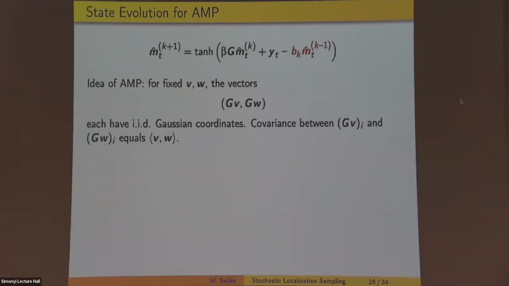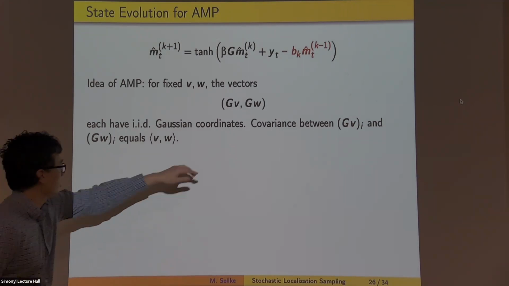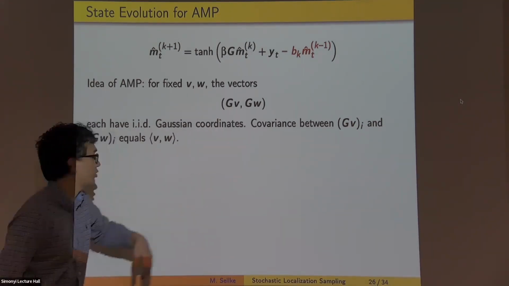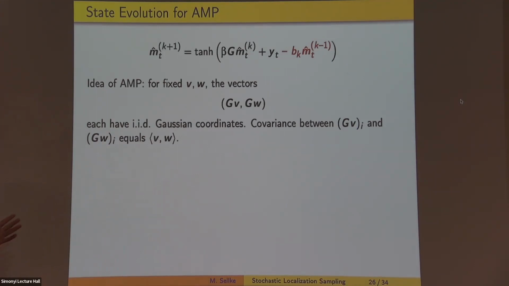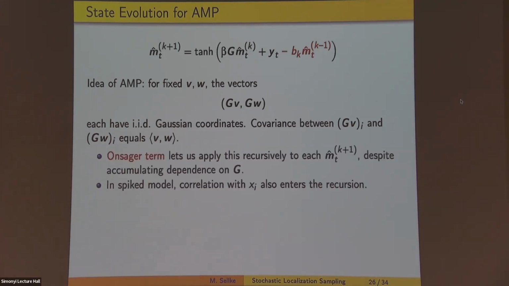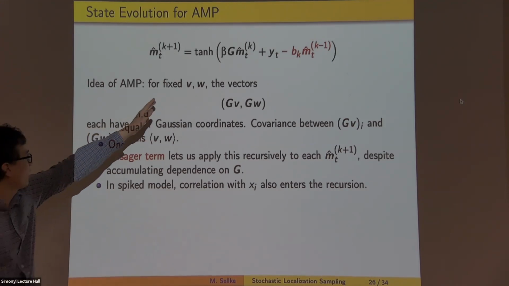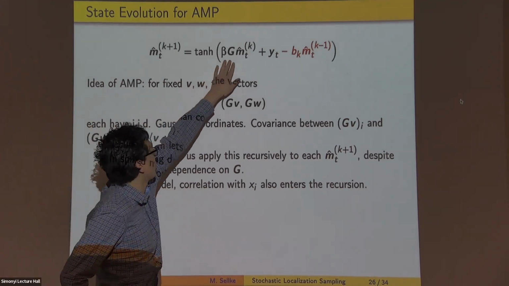So then basically these two vectors I get should each have IID Gaussian coordinates, but they should be correlated. So the first coordinate of GV and the first coordinate of GW should be correlated if V and W were correlated as deterministic vectors. And so what you want to do is say that, okay, every step of my recursion, I'm multiplying by G.